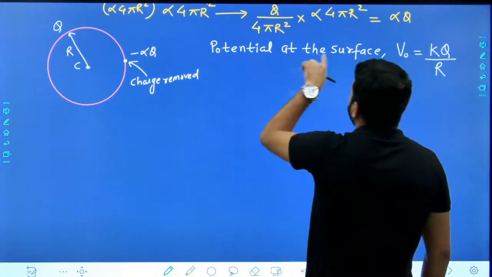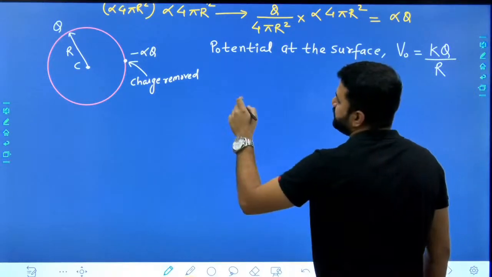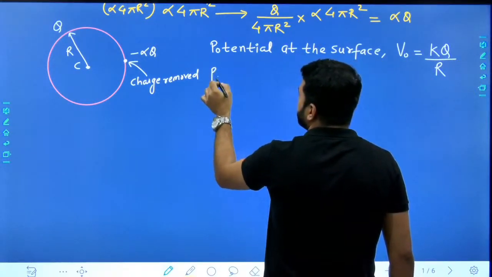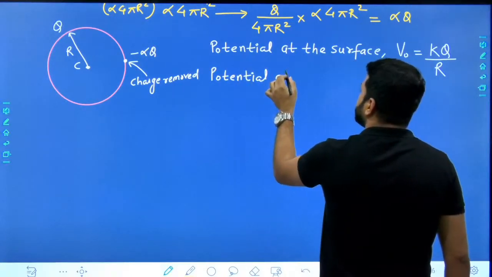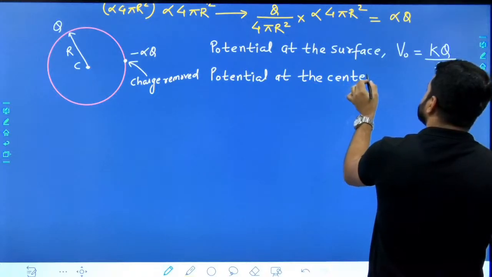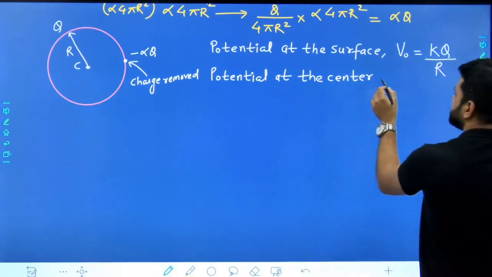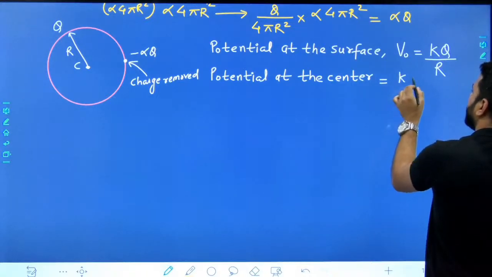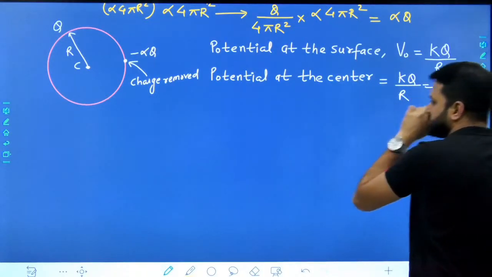Potential at the center of a sphere, we know that this is KQ by R. Potential at the center will be KQ by R only, that is V naught. Why is it so?